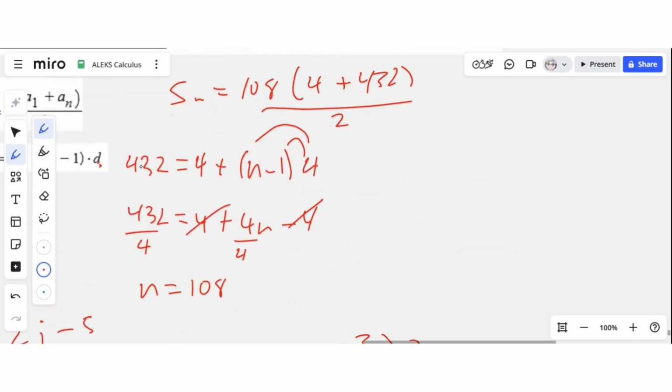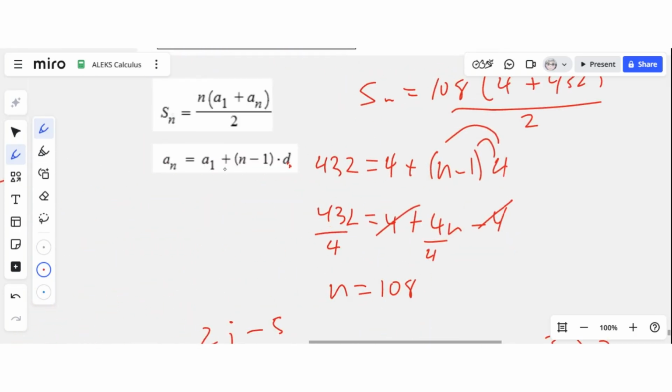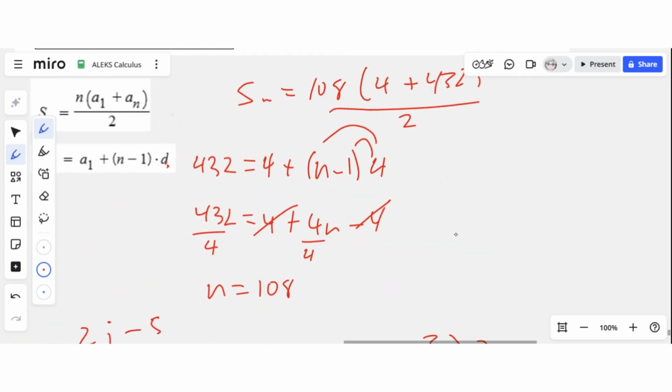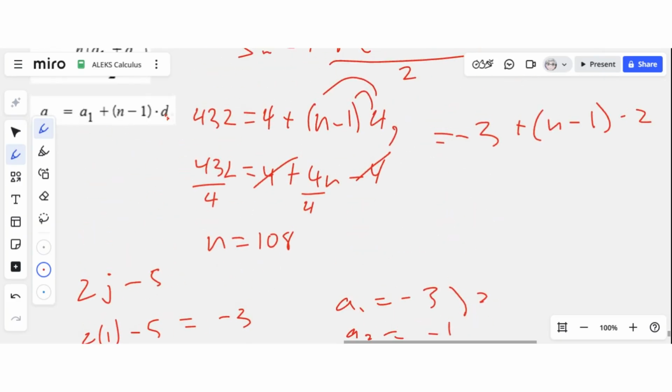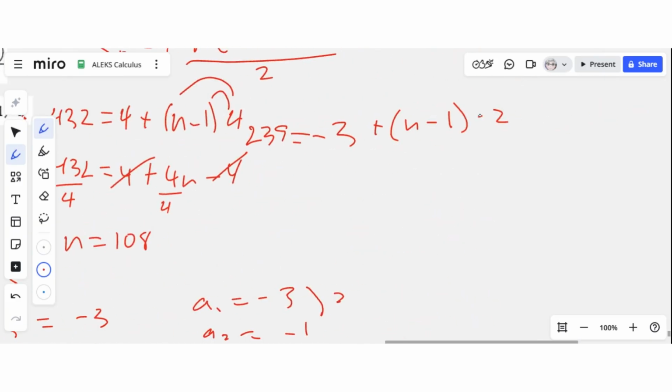So when we use this equation here, a sub 1 is -3, n we don't know, and d is 2, and all of that is going to add up to 239. So let's multiply the 2 through here. So 239 equals -3, and then plus 2n minus 2.